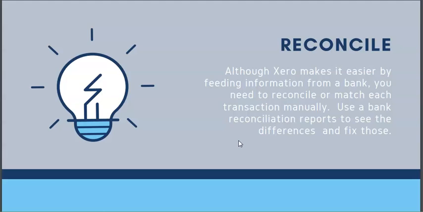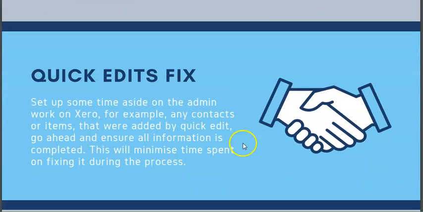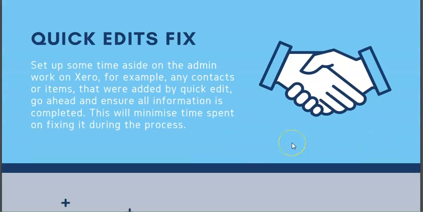It's very important. The next thing I highly recommend is Quick Edits Fix. I know it probably sounds strange: you already added the content, so why do you need additional information? On your invoice, you would need to add information such as the address of your customer or supplier. If you entered this really fast, then I highly recommend going into the contacts and ensuring that everything is done properly, including your inventory or fixed assets.